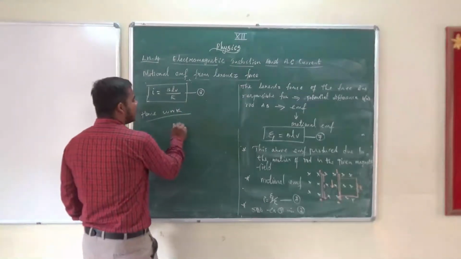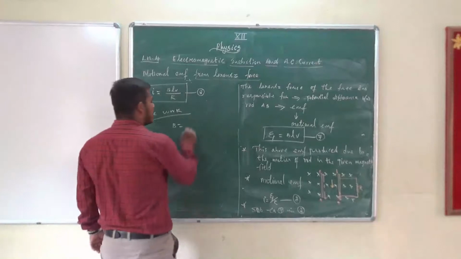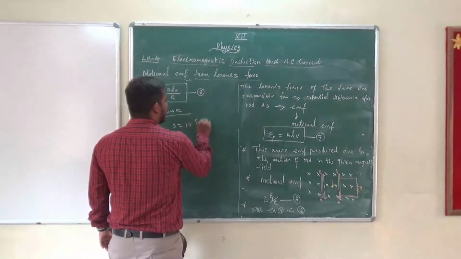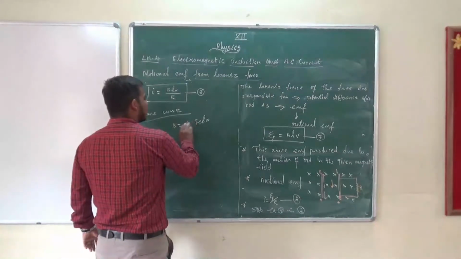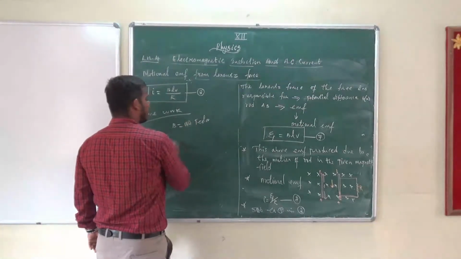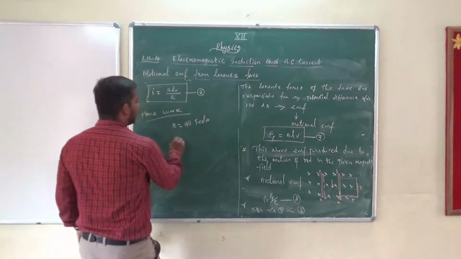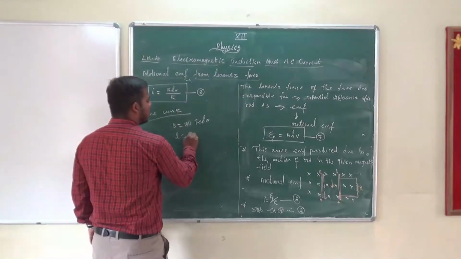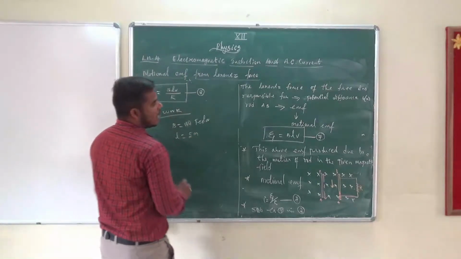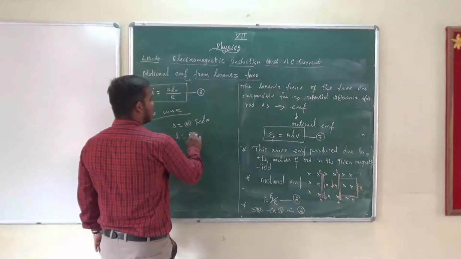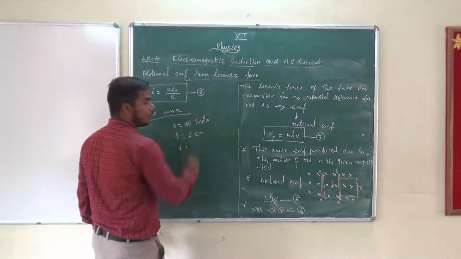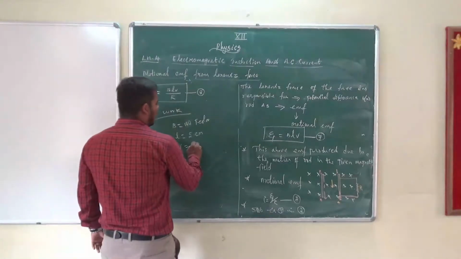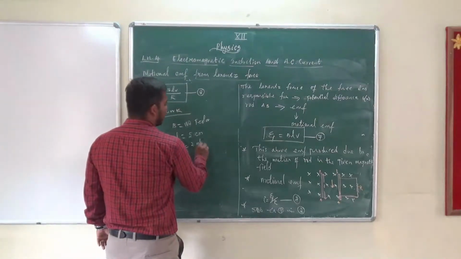The magnetic field is 10 Tesla, the unit of magnetic field. Length of the rod is 5 meter, and not 5 centimeter. And what is the velocity of the rod? It means moving at 2 meter per second.